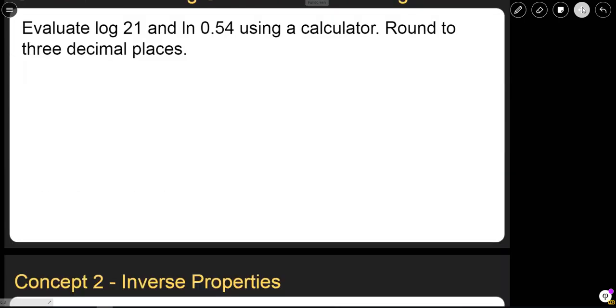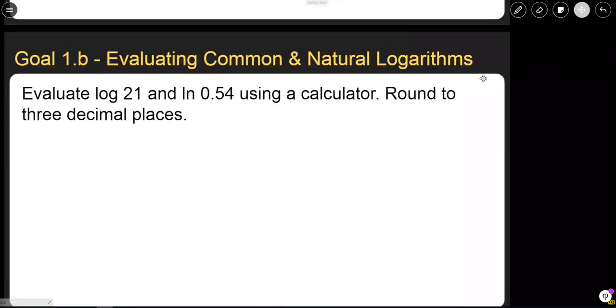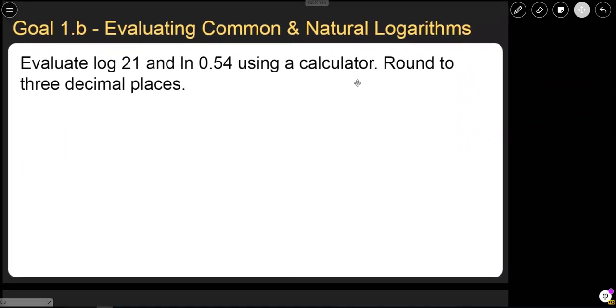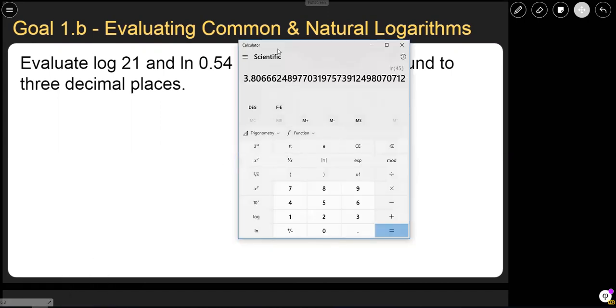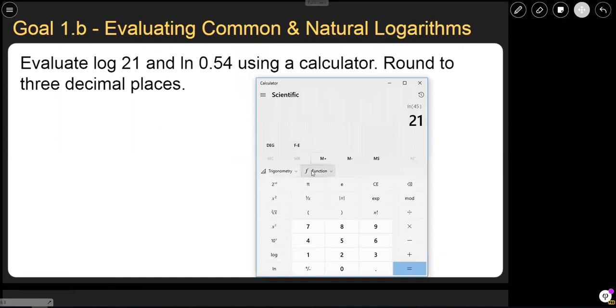We'll do a couple of evaluations. I just gave an example on this, but if we wanted to find the log of 21 and then the natural log of 54 using a calculator and then round to 3 decimal places, it is very straightforward. All I have to do is type in 21, hit my log button, and it tells me that the log base 10, or the common log of 21, is 1.3222 and so on.